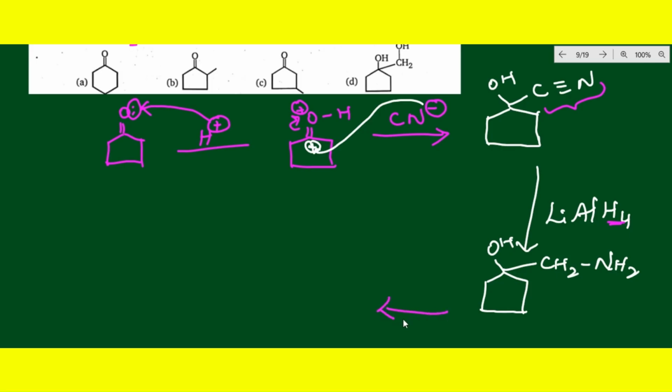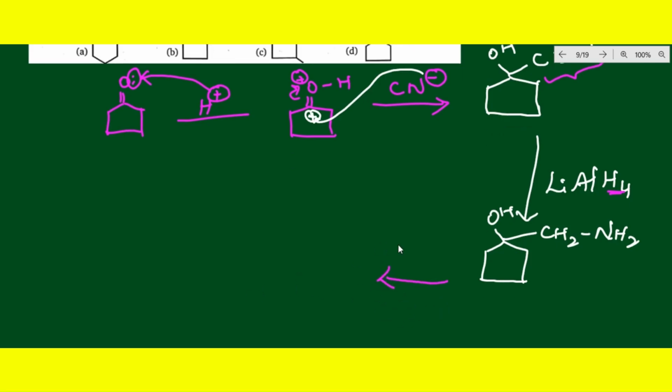Right, now the next one: this is sodium nitrite, NaNO2, along with HCl. I have already mentioned the product you will receive here: HONO, that means HNO2, nitrous acid. So nitrous acid acts on this amino group, and nitrogen gas will be released from here.